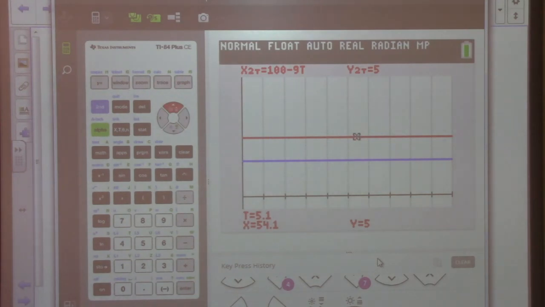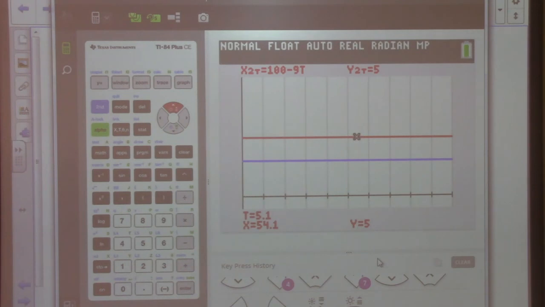Are you still having trouble with the window? You are? Mine's not showing T. It just shows what? So you want to get here, so you want to make this 100.